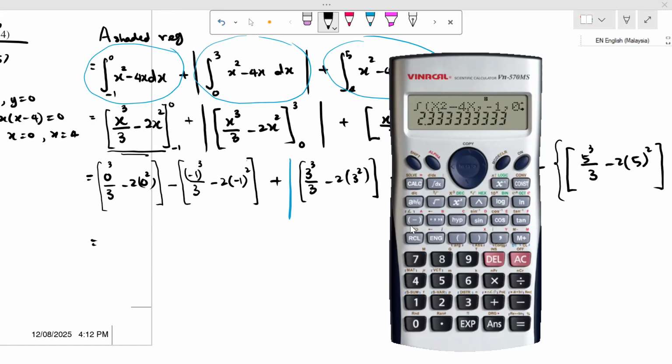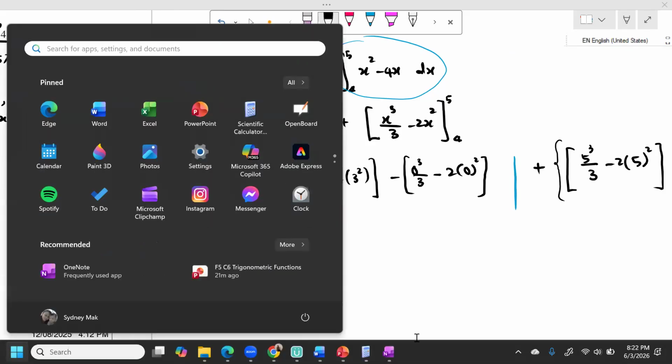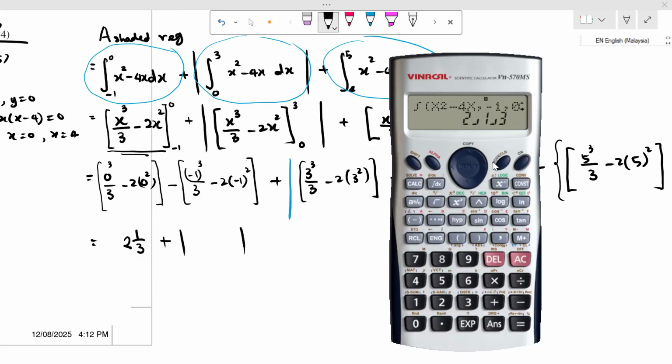Okay, so we have, write the fraction form, yeah? 2 and 1/3. So we have 2 and 1/3 here, plus modulus. Okay, so the same function, but I got to change my boundary. So it's from 0, comma, 3.